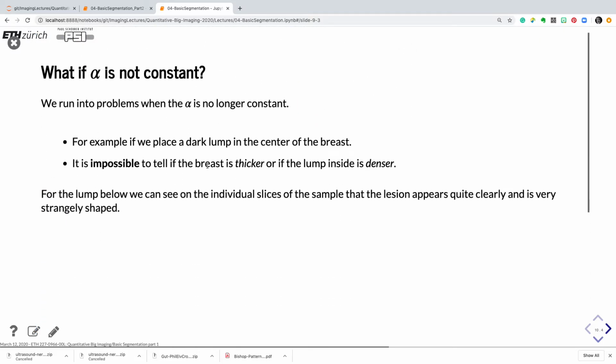So now the question is, what happens if there is some kind of anomaly in the sample, so alpha is not constant? Then it's impossible from the radiograph to tell if it's just thicker or if you had some other material.